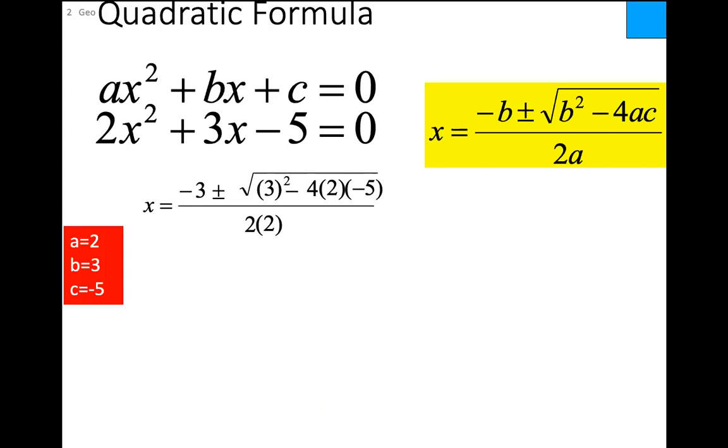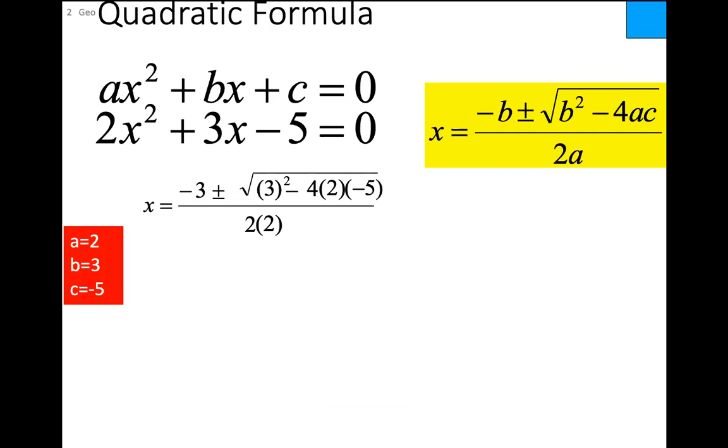Okay. Anna, what now? 3 squared, which is 9. Then you do 4 times 2, which is 8.